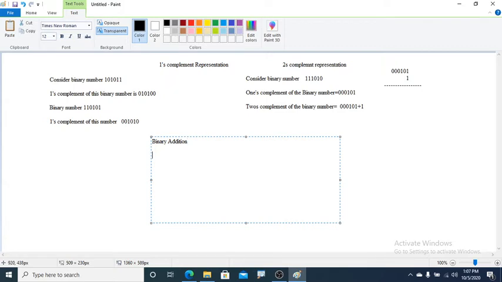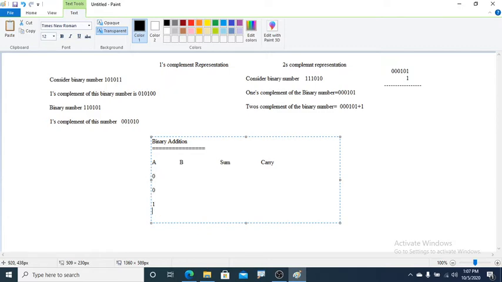So in this binary addition, first I will take one value, a value. Let us consider a. Here b, here sum, here carry.